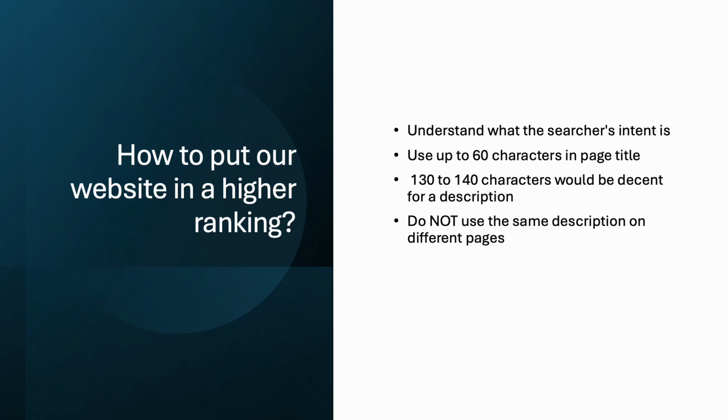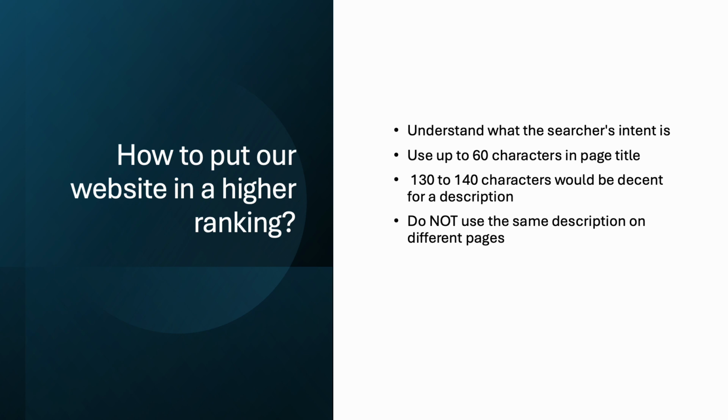Each of these terms will help your web page show up in higher ranks. And the more detailed you make your page title, purpose, and meta description, the more probability your page will show up in a higher ranking. So this is pretty important.